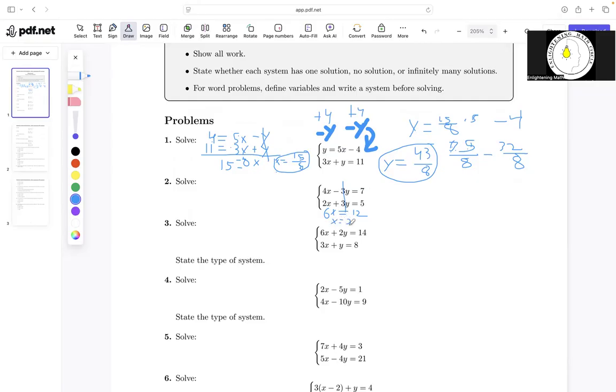So we have already solved for x. And now we can just solve for y by plugging it back in. Let's choose this top equation over here. So 2 times 2 plus 3y equals 5.